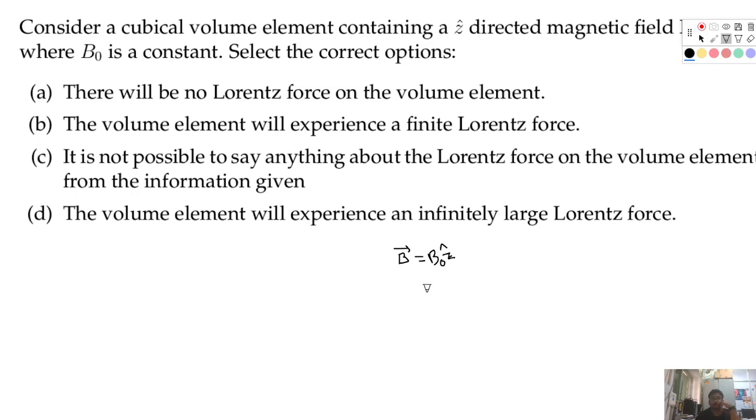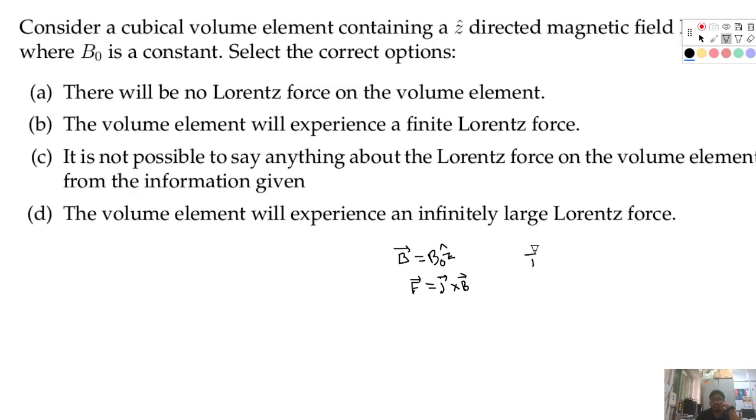Now, first of all, the Lorentz force is F equals J cross B, right? B naught is a constant and Z cap is just a direction.